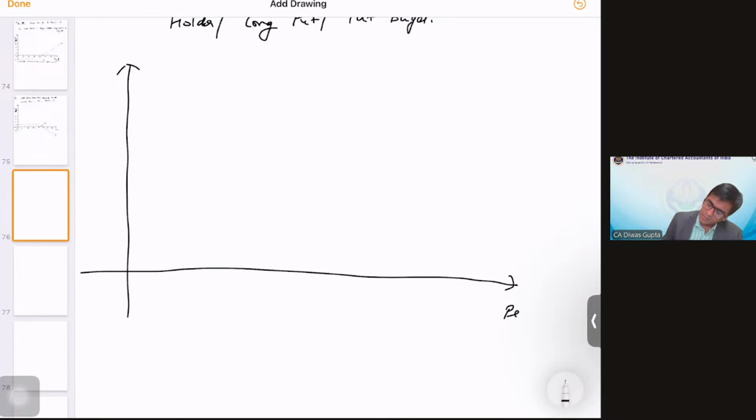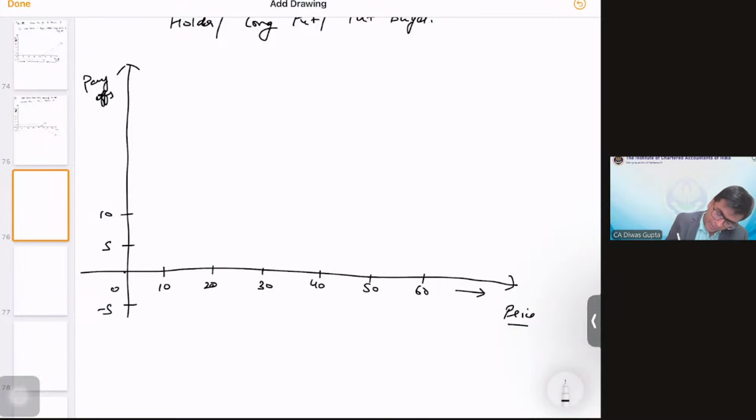Here we are talking about the price of the share. Here we are putting the payoffs. Again, we start with 0. Let's say the price moves up to 10, 20, 30, 40, 50, and 60, and so on. Similarly, here it's minus 5, 5, 10, 15, 20, and 25, like that, right?